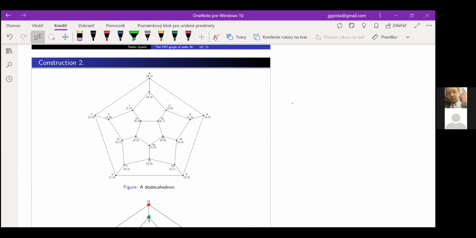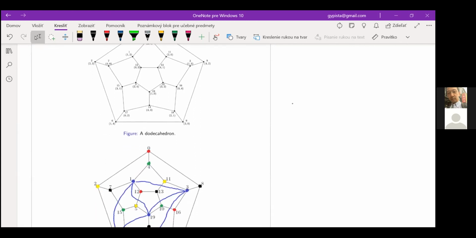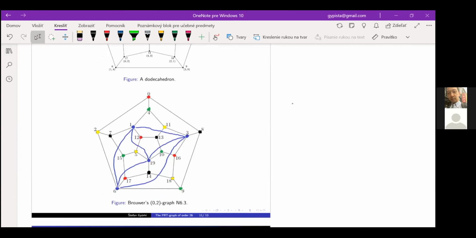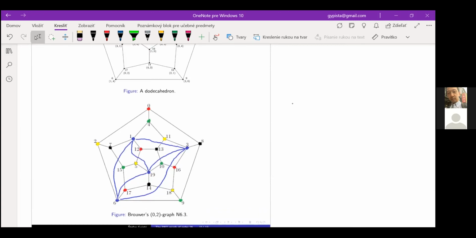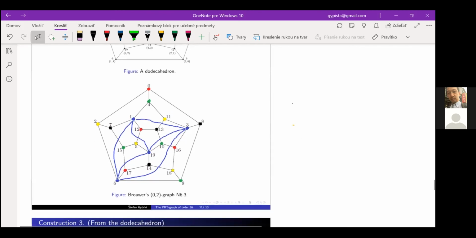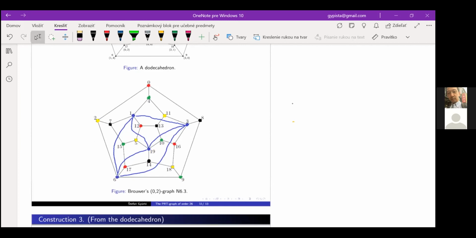and with the aid of the dodecahedron, we can explain the adjacencies in our graph. First of all, I will explain how the Brouwer's 0-2 graph looks like. Take the dodecahedron and select all the 4 tuples of vertices which are in mutual distance 3 or 5 in the dodecahedron, and put edges between them.